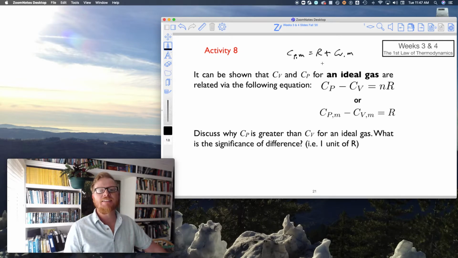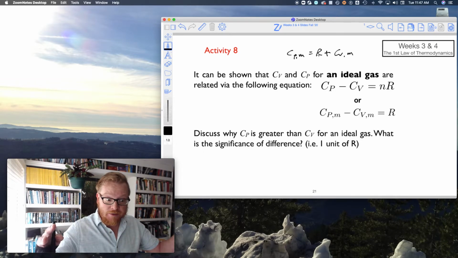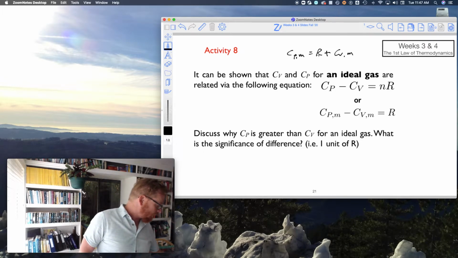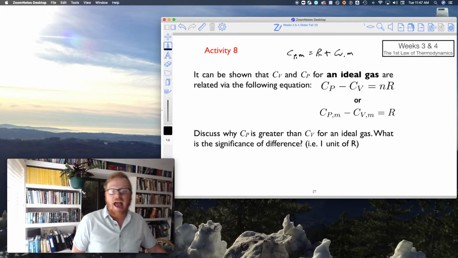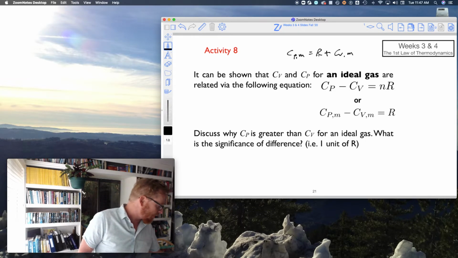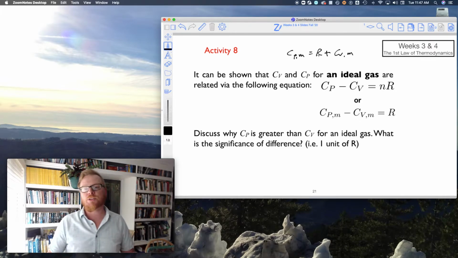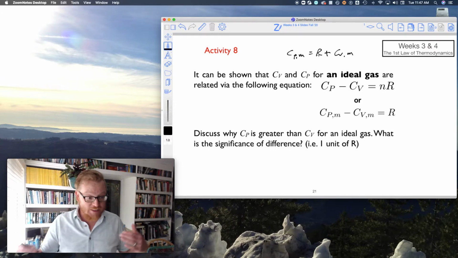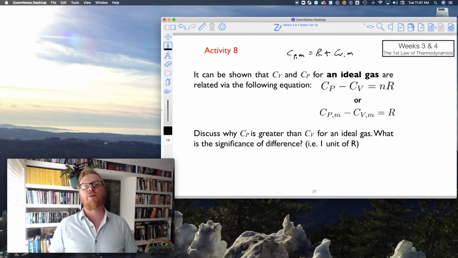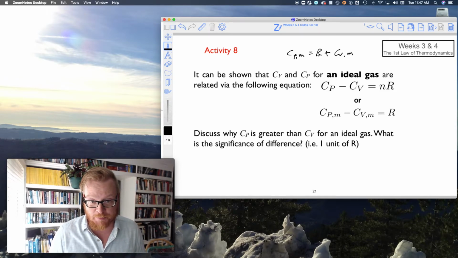As something is expanding as it's being heated, it's doing work on its surroundings. And so therefore, some of the energy supplied as heat has to escape back out to the surroundings. As a result, the temperature will rise less rapidly than if it were not free to expand.